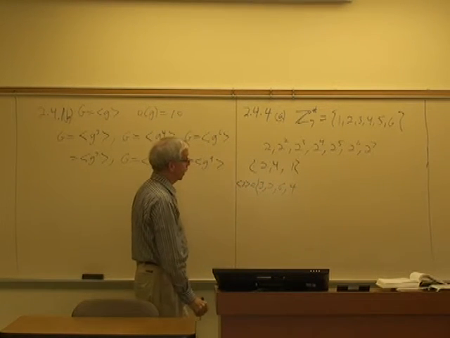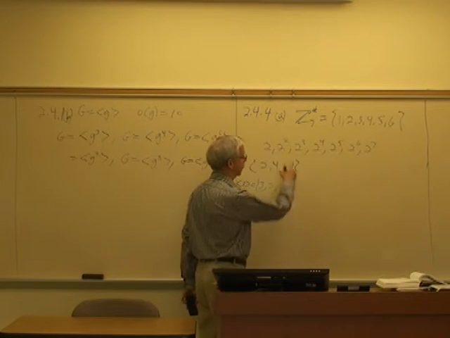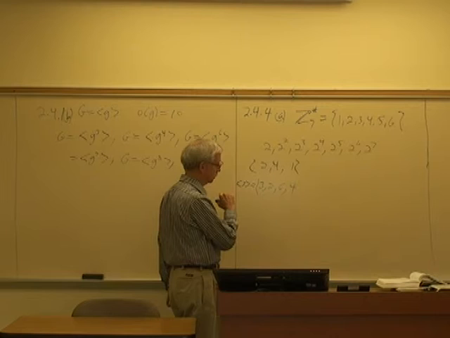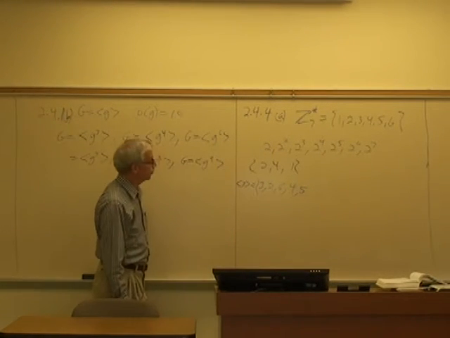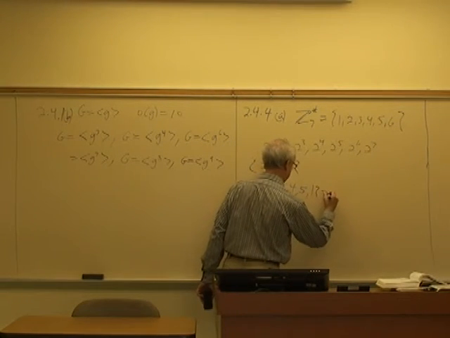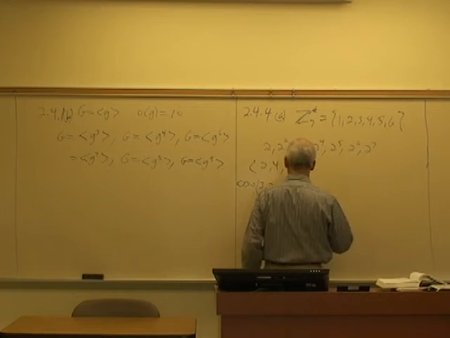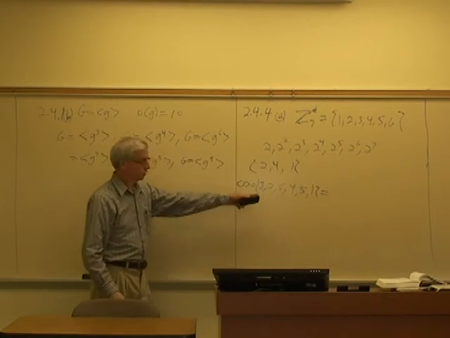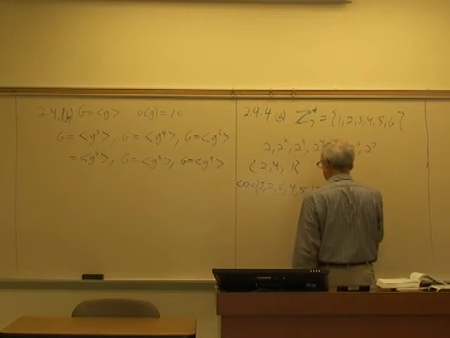And 3 times 4 is 12, which mod 7 is 5, right? And then 3 times 5 is 15, which is 1. So that's the whole group.